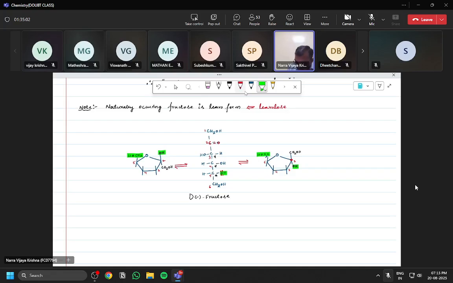When we are writing the remaining groups which are towards the right side, I have to write them down. So at third carbon, H should be written down. So OH, H, sorry, this becomes OH, this becomes H. Now fifth carbon, CH2OH I have written. On fifth carbon, oxygen I have written, so this is hydrogen.